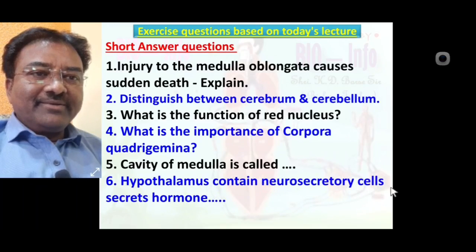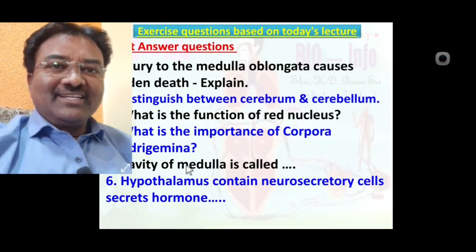Hypothalamus contains neurosecretory cells that secrete hormones. Yes, oxytocin and vasopressin are the hormones secreted by hypothalamus. Up to this, today's lecture is completed.